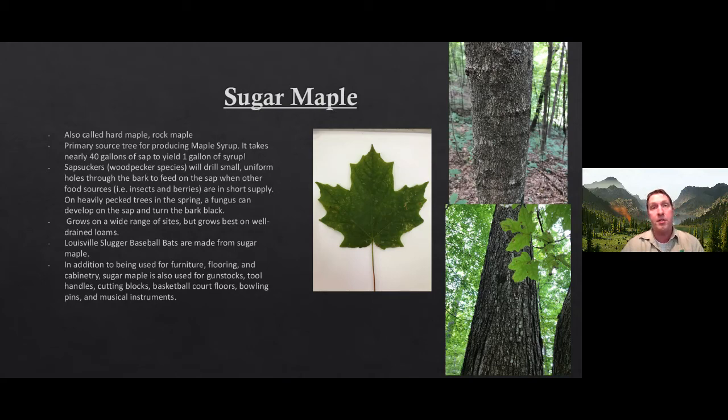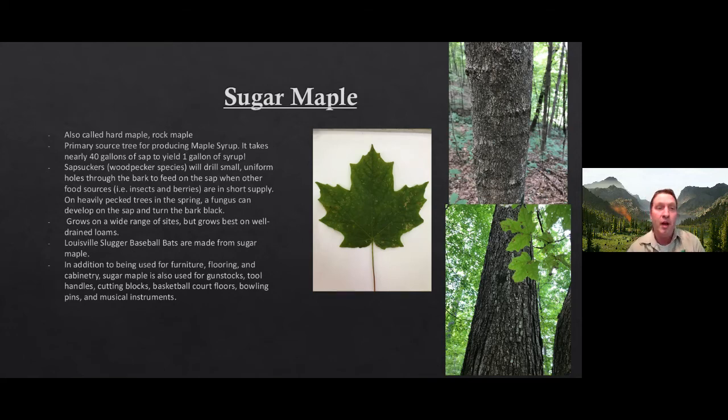I actually own a Louisville Slugger bat that's made out of sugar maple or hard maple. It's a really good way that Louisville Slugger has diversified what kind of species they bring into the mix in making their baseball bats. That way they can continue to make baseball bats, because I like playing baseball and I like watching baseball, and I know a lot of you guys out there do too.